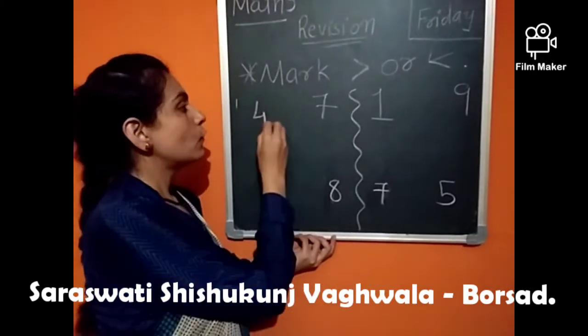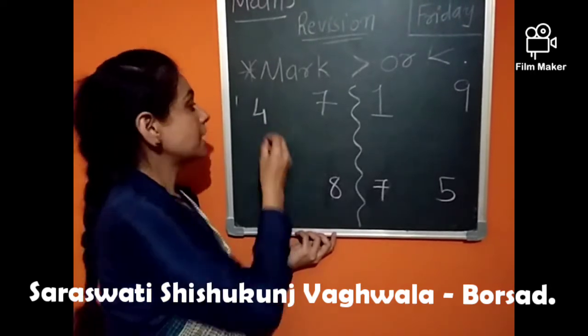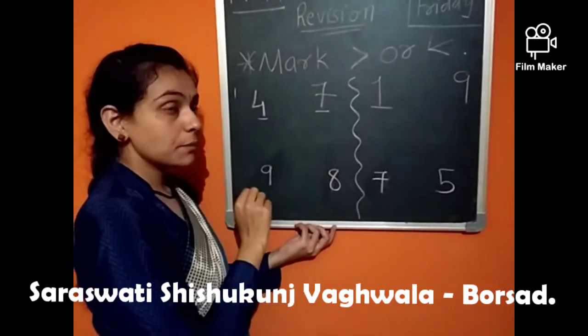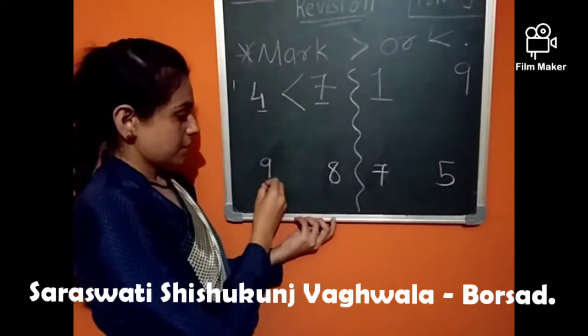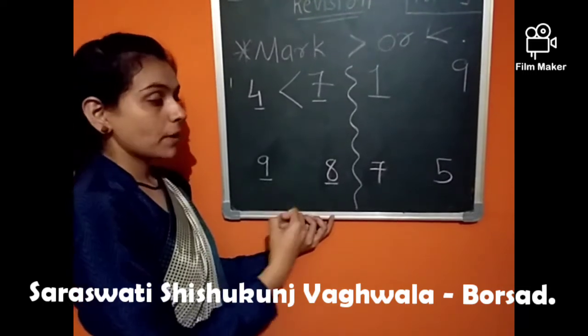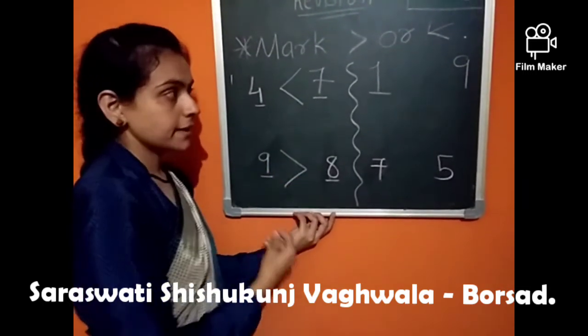Now see here. 4 and 7. First you have to draw the line between 4 and 7. Now compare them. Which one is the big number? 7, so less than, right? Next, 9 and 8. Compare. Which one is the big number? Obviously 9, so greater than.